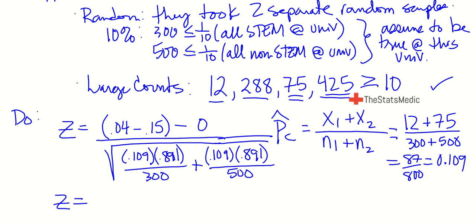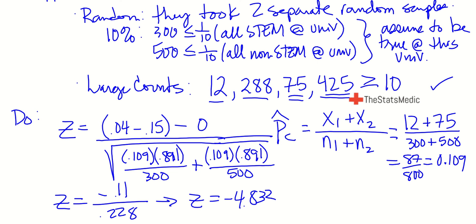So if we calculate that, we get negative 0.11 divided by 0.228, which gives us a z of negative 4.833. Now let's think about that z-score.